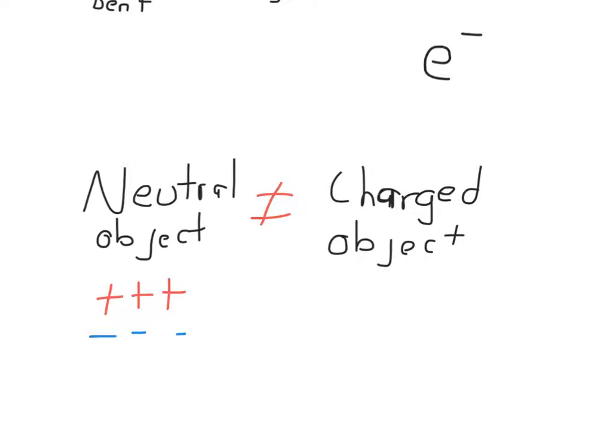A charged object will only have the excess of one of them, resulting in having a positive or a negative charge in a charged object. Meanwhile, in the neutral object, you have no charge, because positive and negative charges are the same. So there is not a predominant charge.